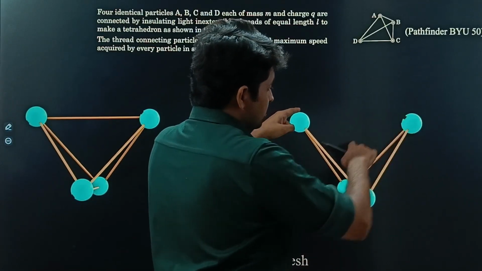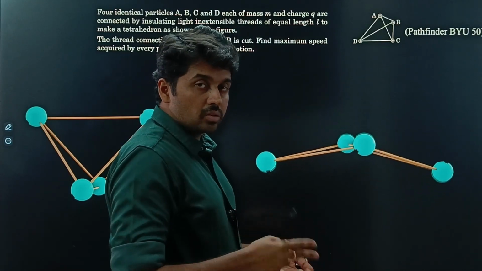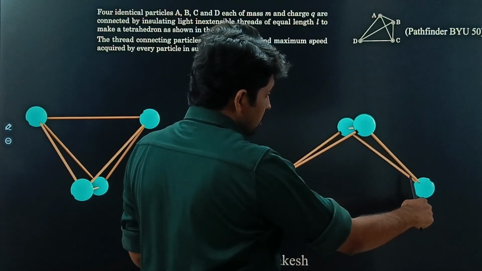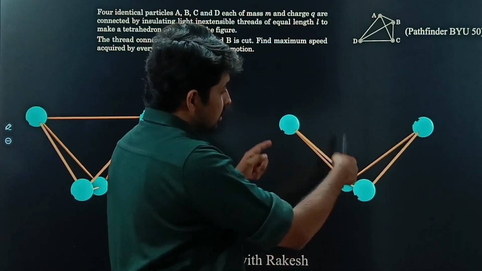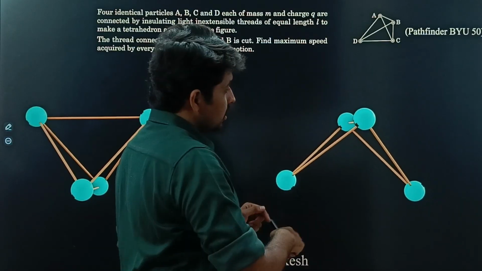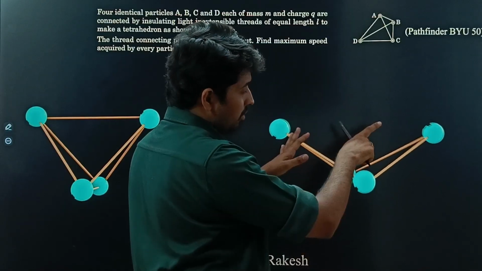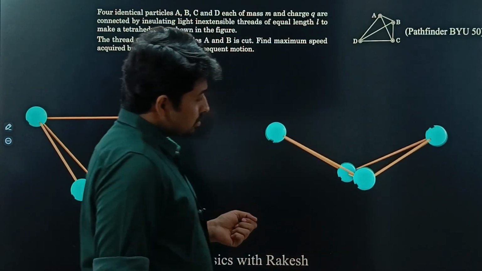As the center of mass initially is at rest and there is no external force, finally also the center of mass has to be at rest, right? So when these are going down, obviously if the net center of mass is still at rest, these should go up. The subsequent motion of these charges will be like a butterfly flapping its wings, going up and down.